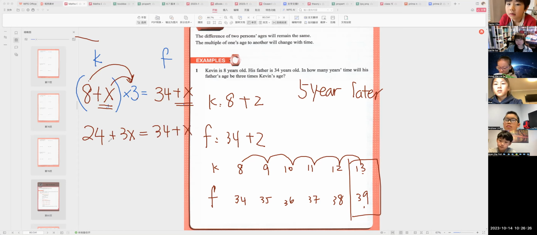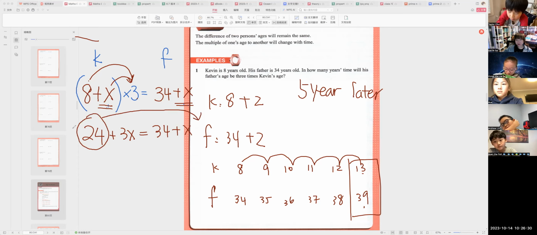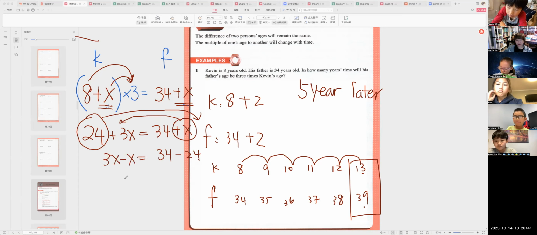So we're moving this 24 over there. Before it's positive, it became negative. And I'm moving this X over there. Before it's positive, it became negative. So we have 2X equals 10.